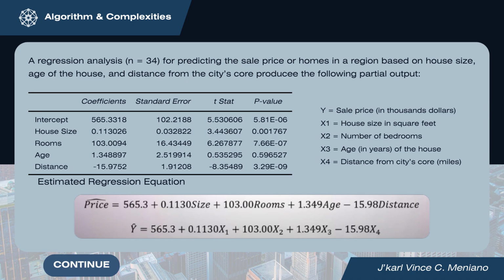Now, the estimate of the model's constant is 565.3. It is the expected value of y or price when all independent variables are zero. In this scenario, it does not make sense for house size and number of rooms to be zero. Therefore, the intercept has no practical meaning.